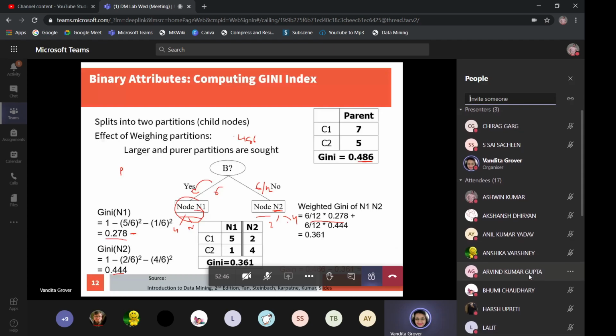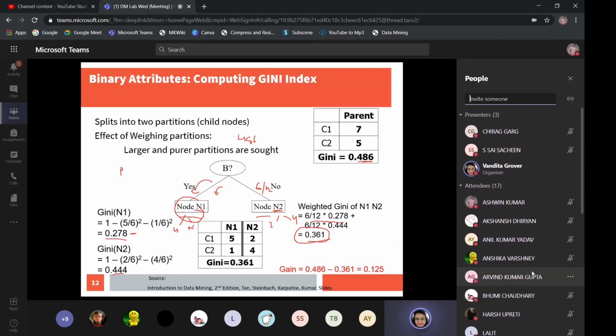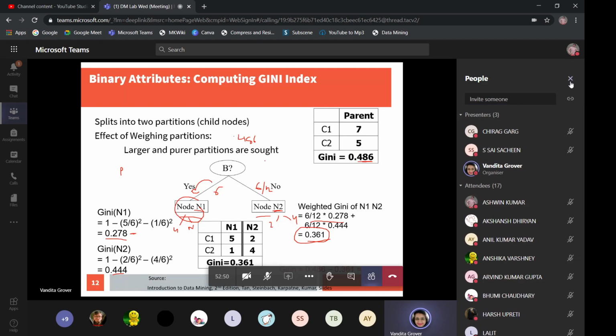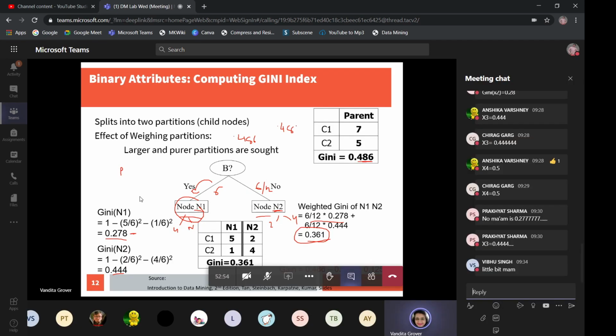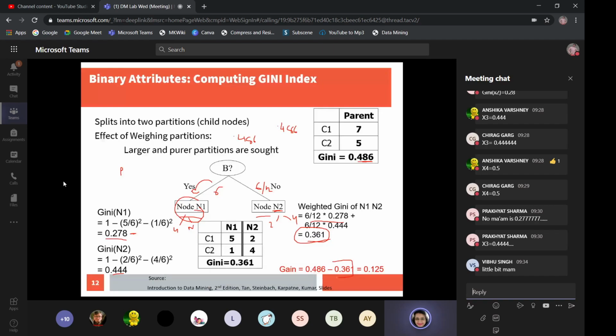So the total score is 0.361. Now at the root node your impurity was 0.486, and if you split on B, you would get this as the final impurity measure. So the gain will be this minus this.